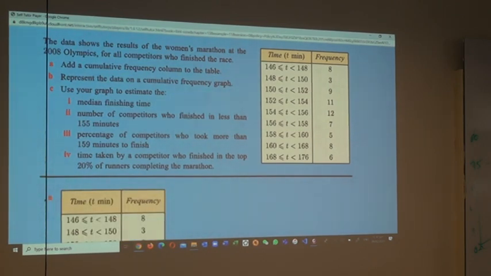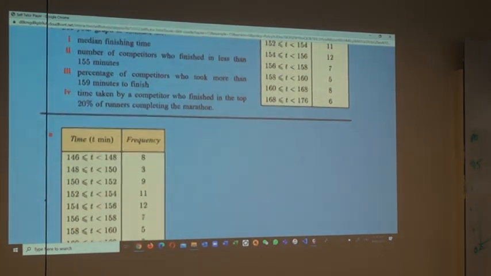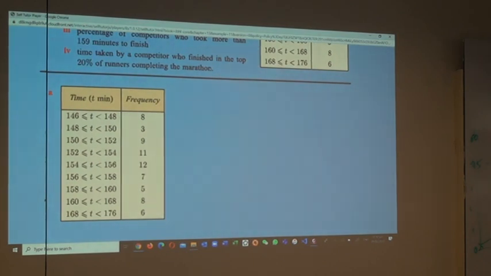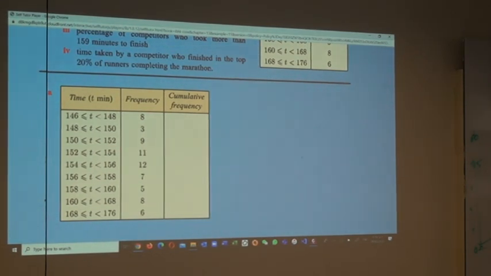To achieve this, we first add a cumulative frequency column to the frequency table. This cumulative frequency gives a running total of the number of data values less than or equal to the one we are considering. In this case, the data are the times of runners finishing the 2008 Olympics Women's Marathon. So, the cumulative frequency tells us how many runners finished faster than a particular time.